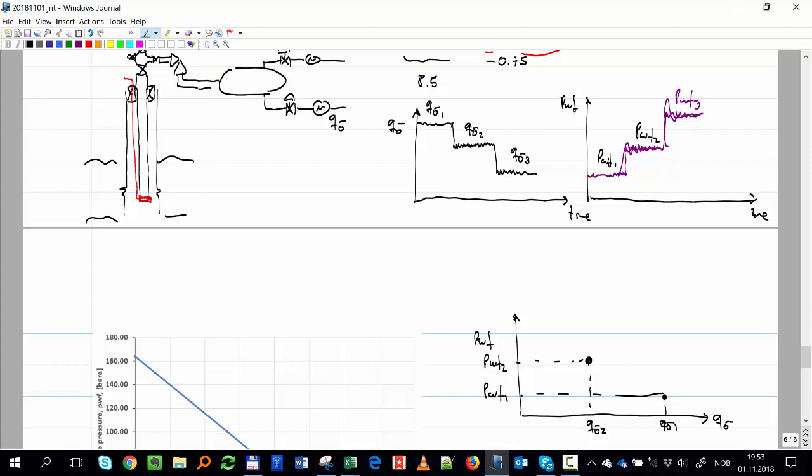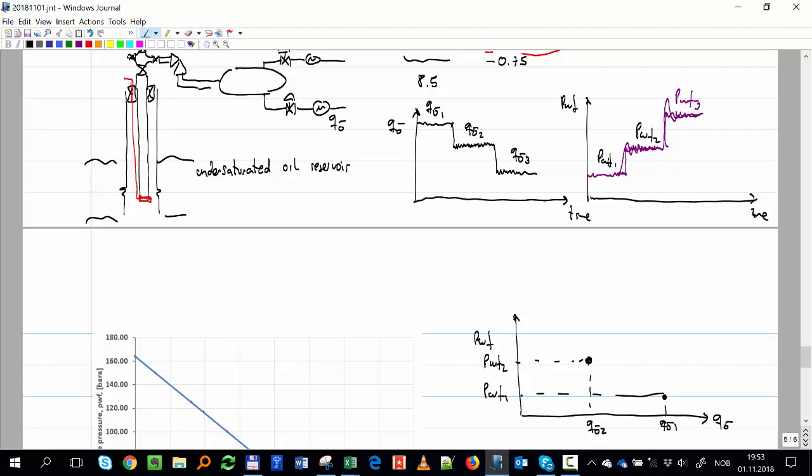If it's an undersaturated oil reservoir, where should the third point fall? The third combination of QO and PWF3.